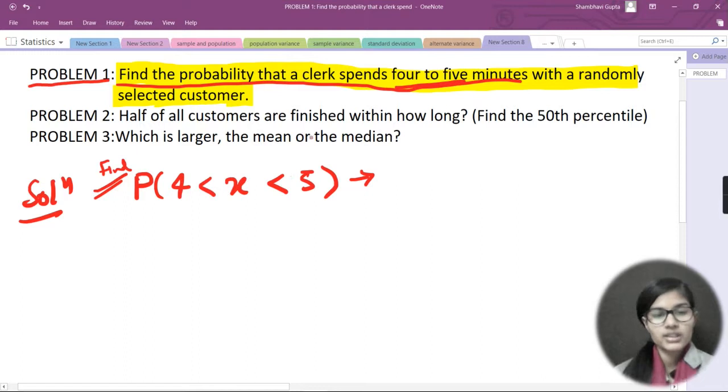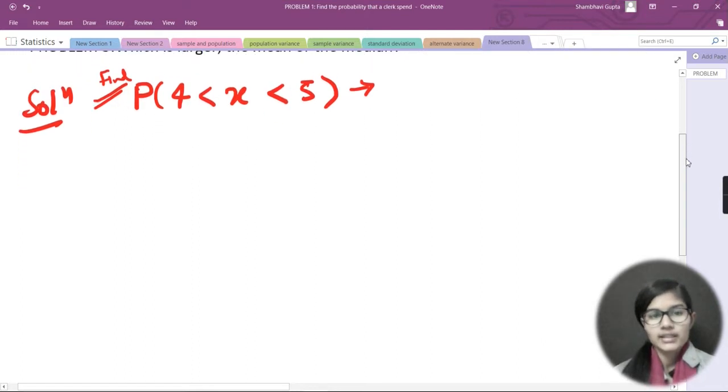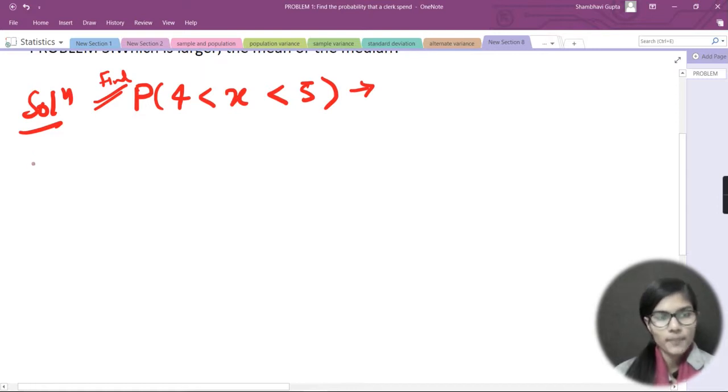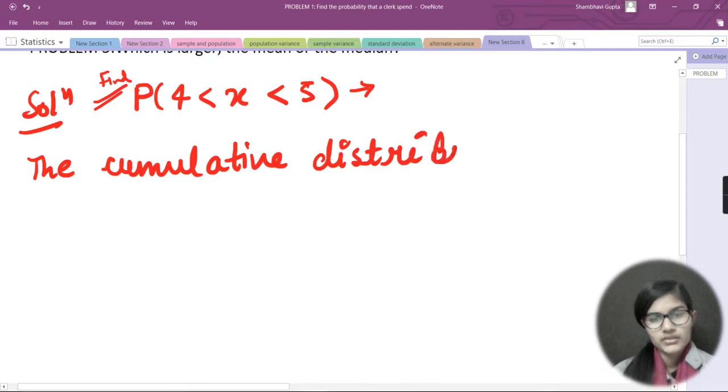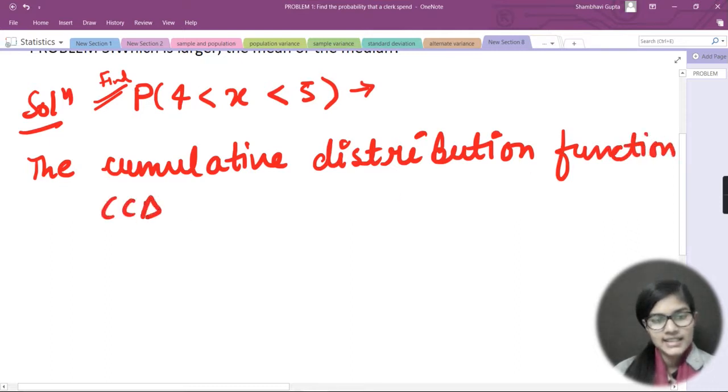Now let's start solving the question. You can all take proper notes with me also, as I am solving the whole question properly.